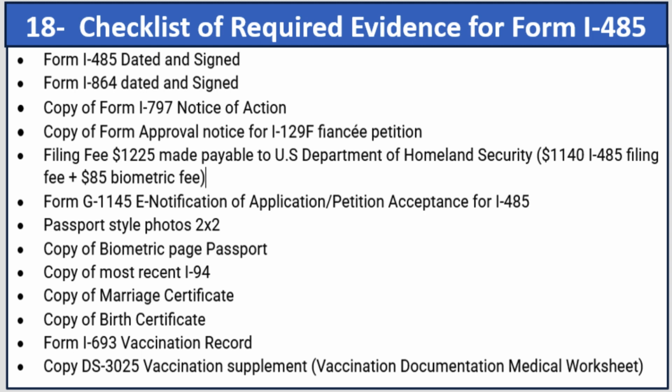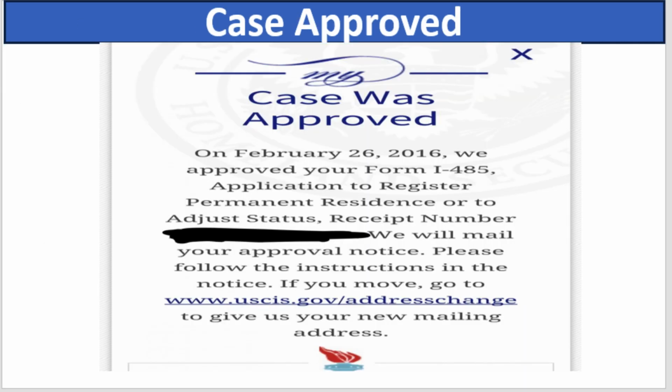Once you send it, it's going to take a couple of weeks or months, and when it's approved and you check your status, you will see your case is approved.